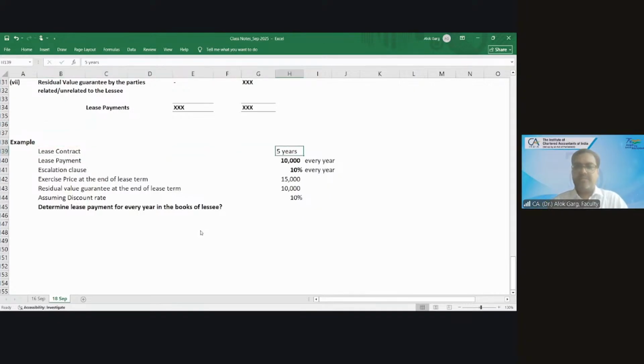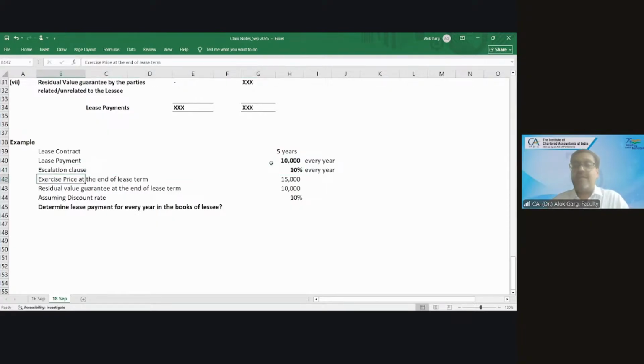So friends, lease contract is for 5 years. Lease payment is 10,000 rupees every year. Escalation clause is 10% every year.